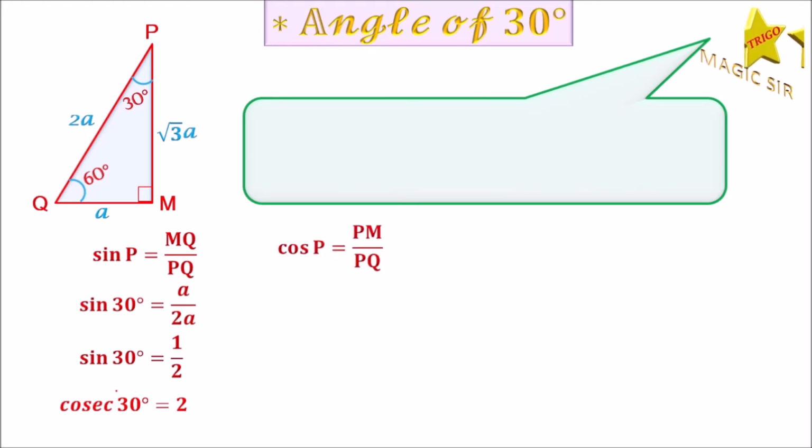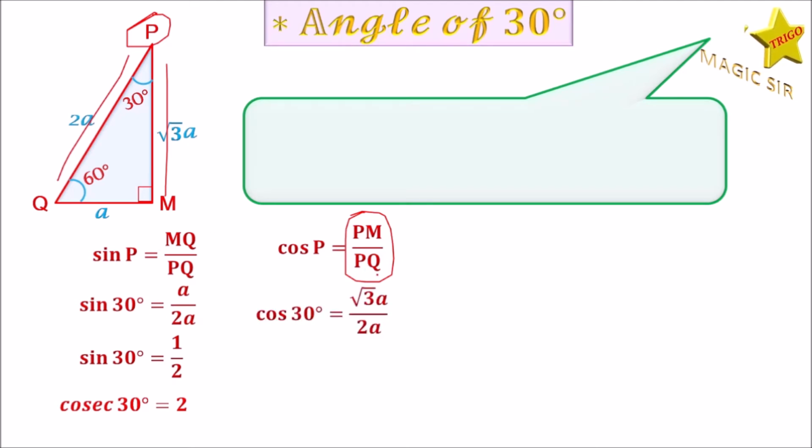Now by definition, cos P is equal to PM upon PQ. PM is the side adjacent to angle P and PQ is the hypotenuse. So we put P equal to 30 degree.